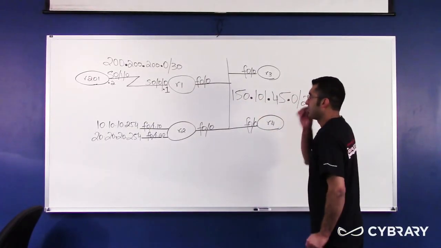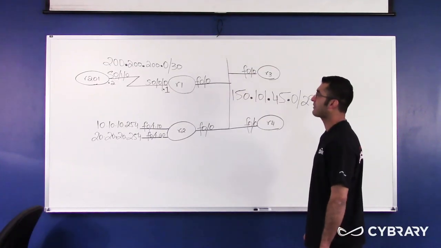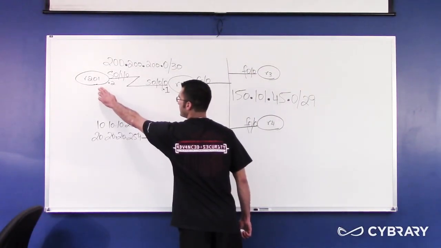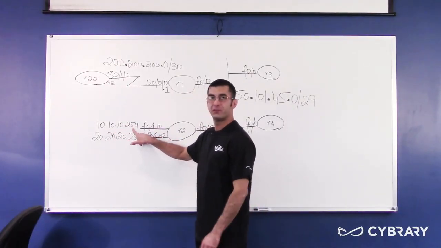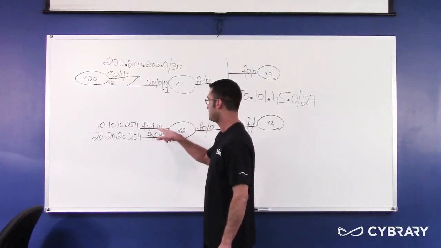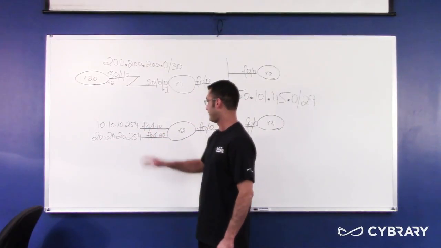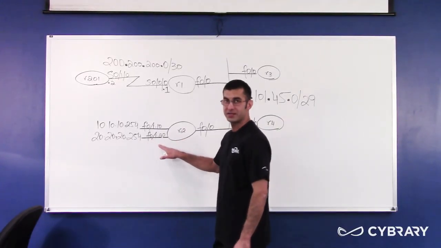So, in our lab, what we're going to do is try to create static routes from router 201 to be able to reach this 10.10.10.254 address on router 2, which is the address on FastEthernet 0/1.10, and the 20.20.20.254 address, which sits on router 2, F0/1.20.